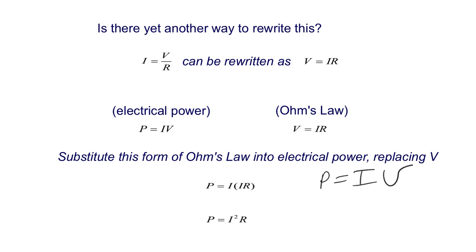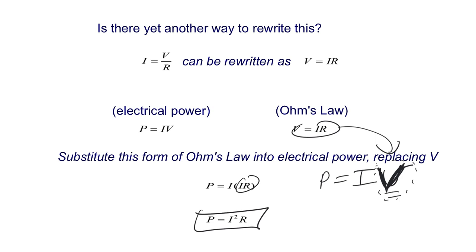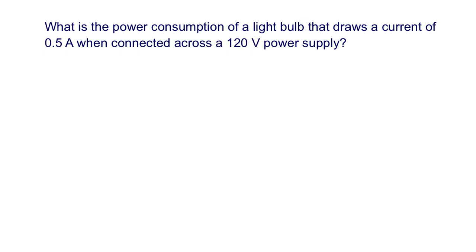If you don't have V, if you don't have the voltage, the potential difference across the resistor, just use Ohm's law, because V equals IR, and substitute that in for the V that you don't have. And you'll get P equals I times IR, which is I squared R. So there's yet another equation for power. These equations are really simple again.